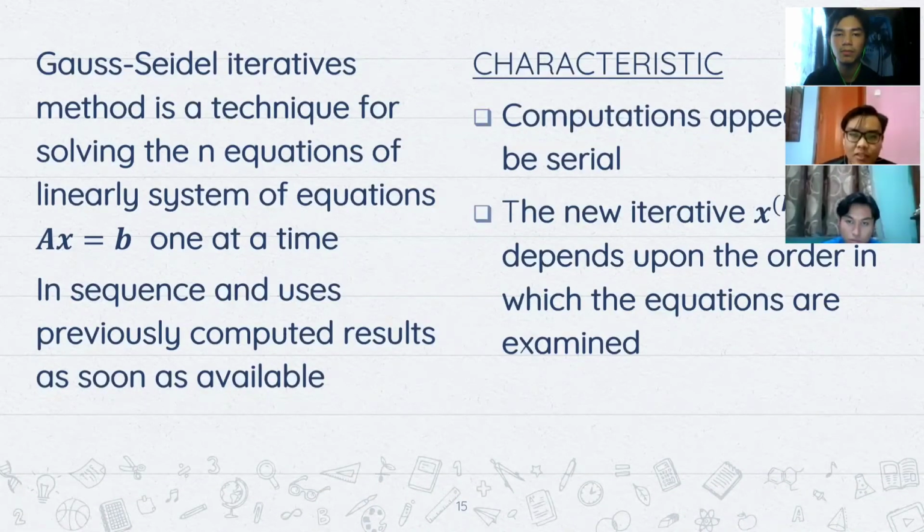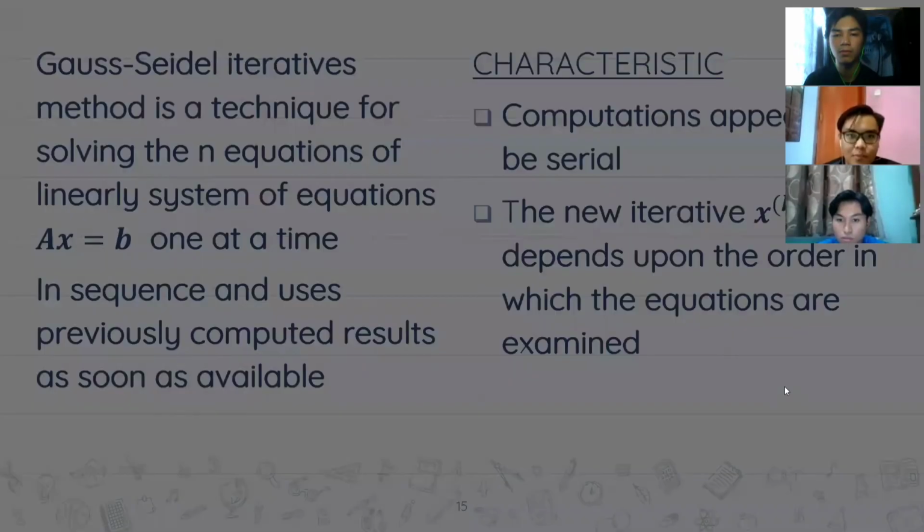The characteristic of the Gauss-Seidel iterative method is that the computation appears to be serial and the iteration depends upon the order in which the equations are examined.